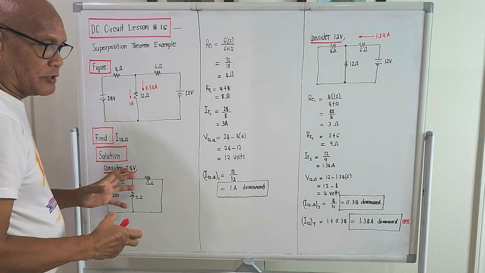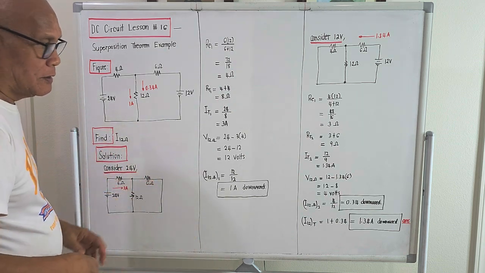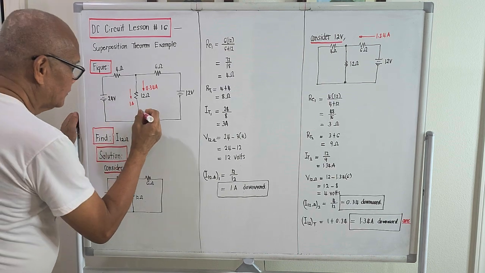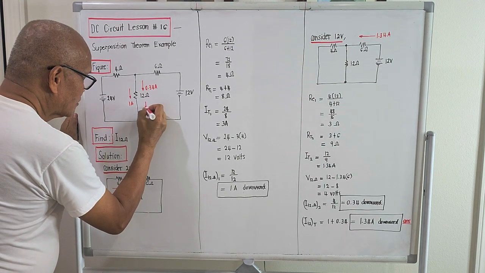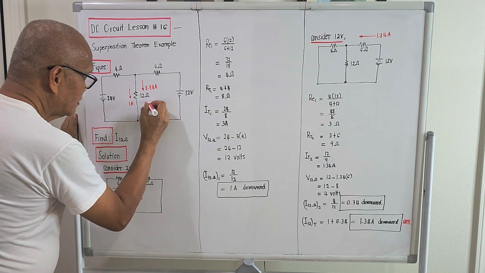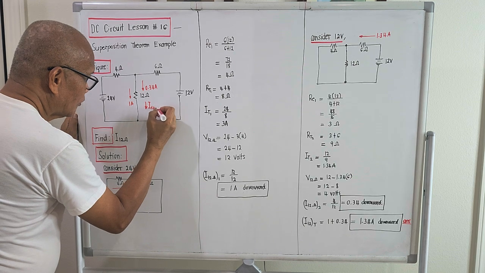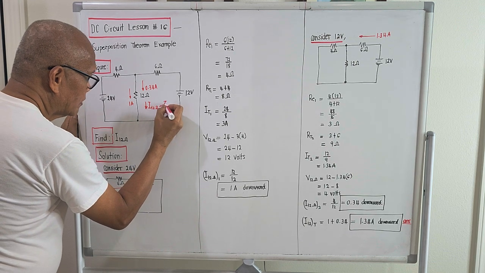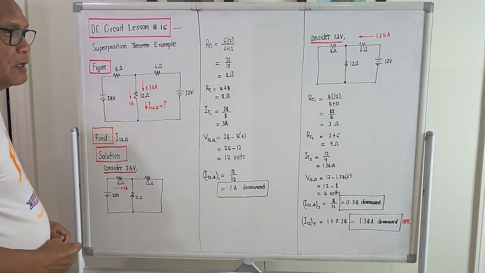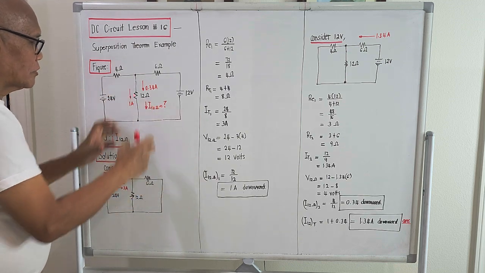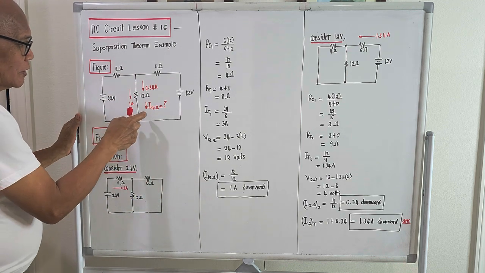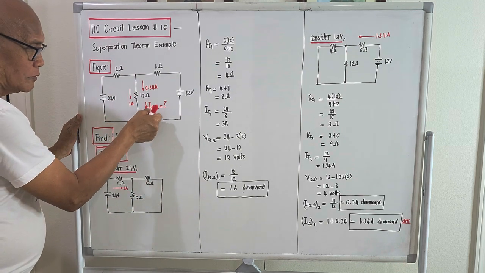To illustrate the concept of superposition theorem, the problem is asking what will be I, 12 ohm, equal to. With this configuration, what will be the total current passing through the 12 ohm load?